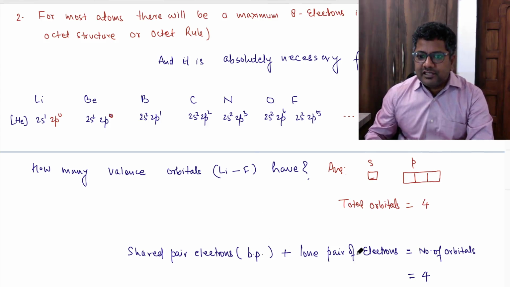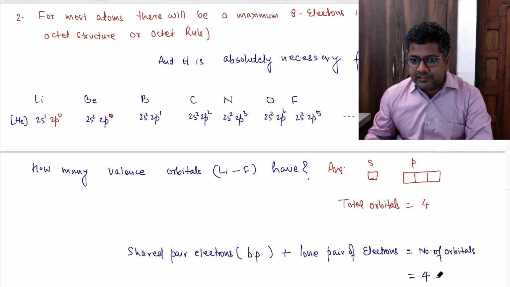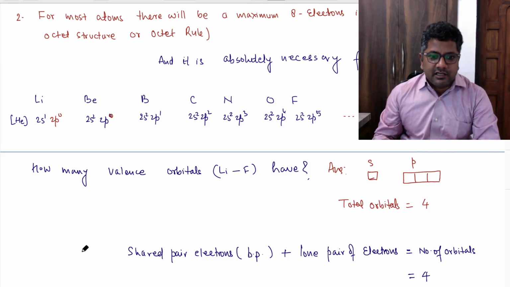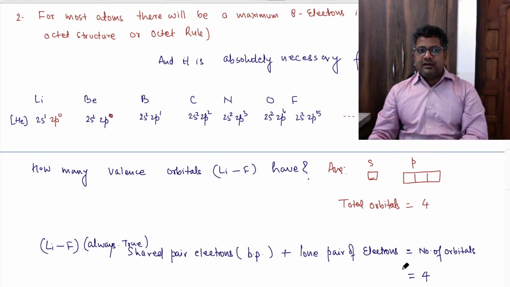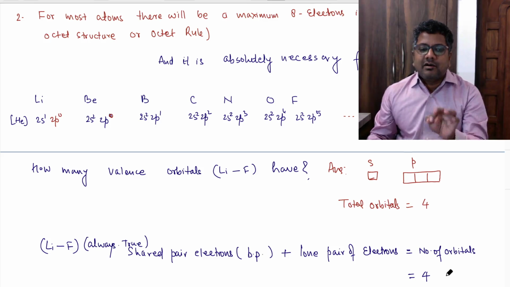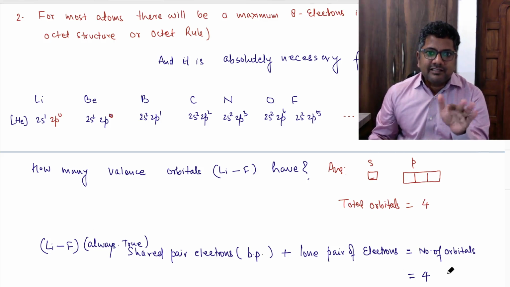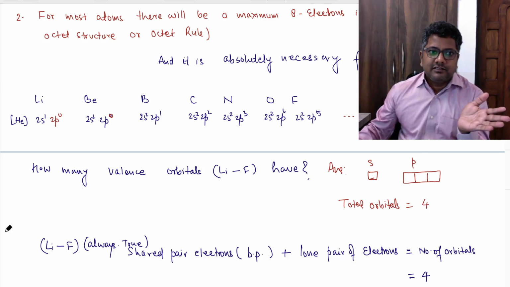So bond pair plus lone pair is equal to the number of orbitals, which is equal to 4, and this is always true for second period elements, or the elements from lithium to fluorine. Always true. But remember, this is the maximum. Less than this, they can.